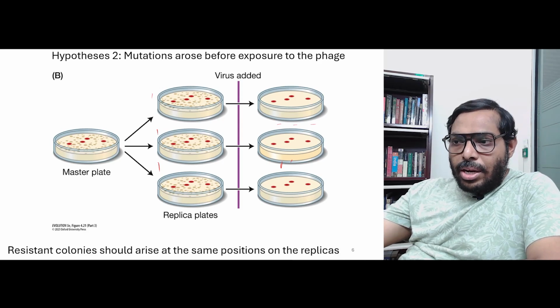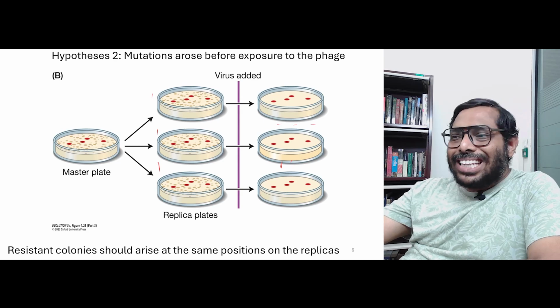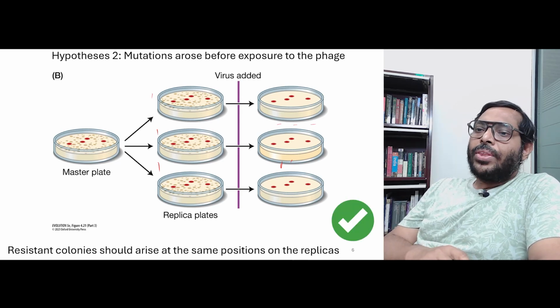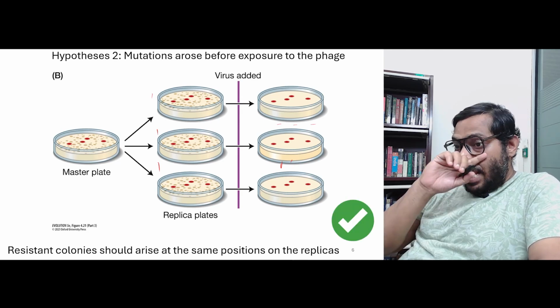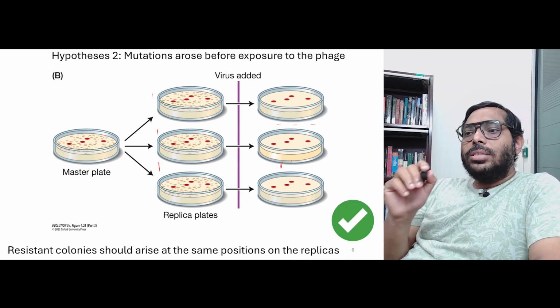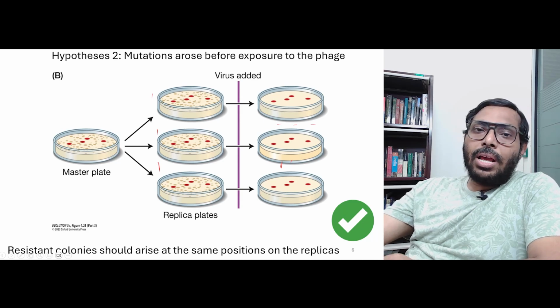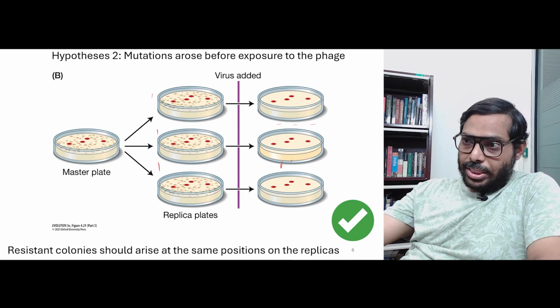And when the Lederbergs did the experiment, that is exactly what they ended up finding, which told us that the second hypothesis is correct. All the resistant mutations were already there on the master plate even before they had been exposed to the phage.